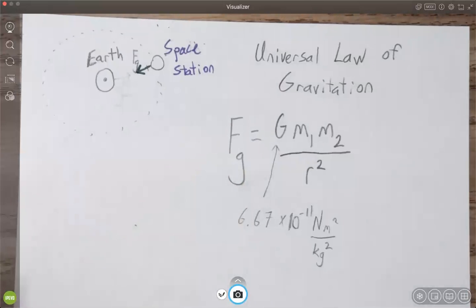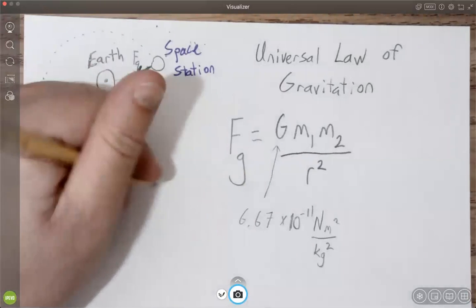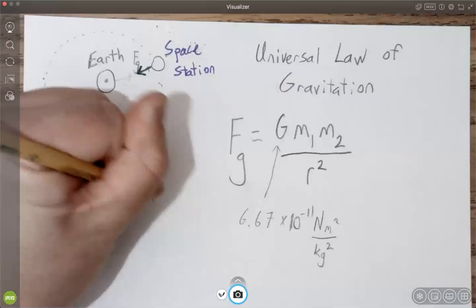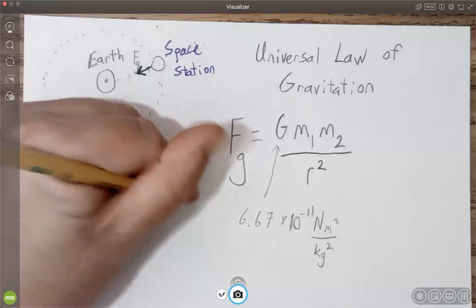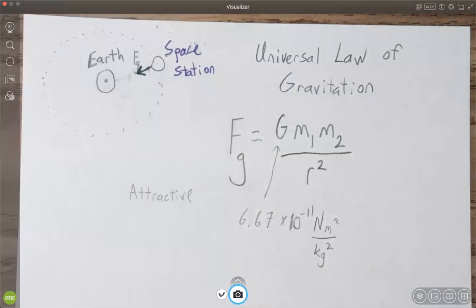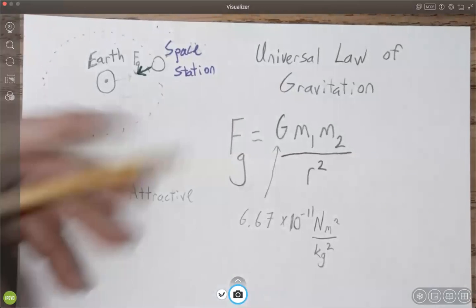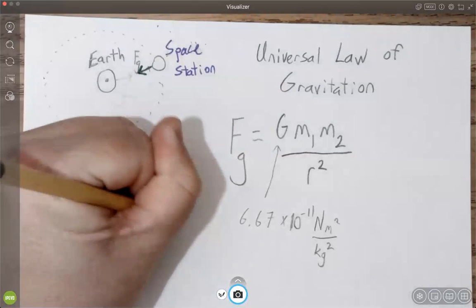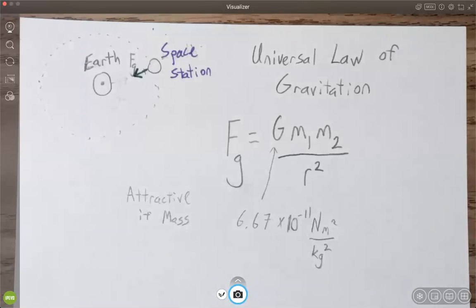So what we're seeing is that gravity is attractive. Gravity will always pull things together if they have mass. So if an object has mass, that means this is going to be an attractive force.